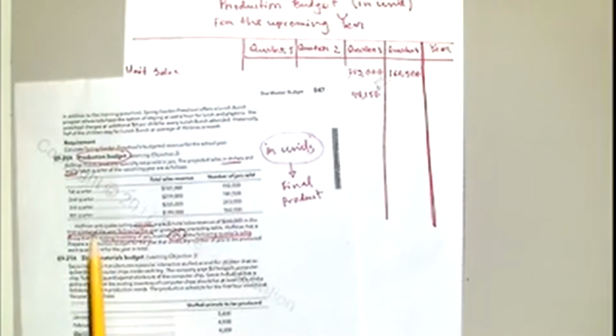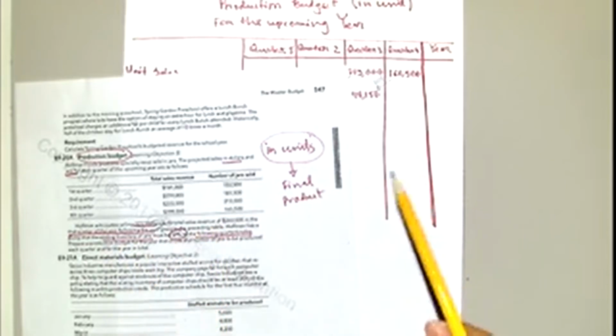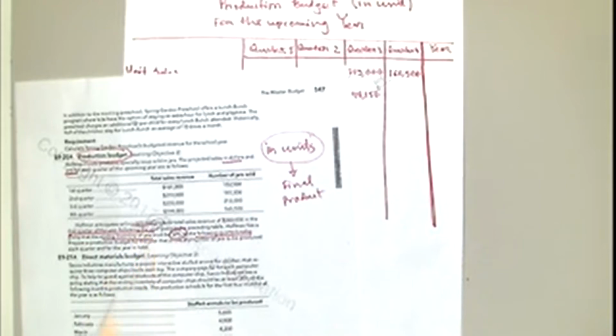If you read this first sentence, it says that Hoffman anticipates selling 223,000 jars. We just need the jars, units, in the first quarter of the year following the year given. That means the following year's first quarter sales is 223,000. And you're gonna keep 30% of it as your last quarter's ending inventory.